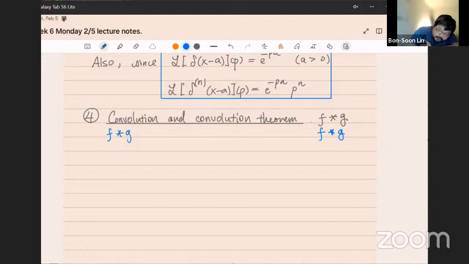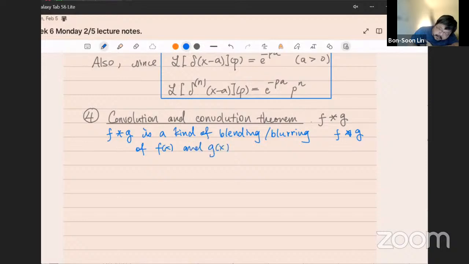Loosely speaking, f star g is a kind of blurring or blending. Let's say this f star g of the function f of x and g of x. It's kind of like you're mixing this function f and this function called g.